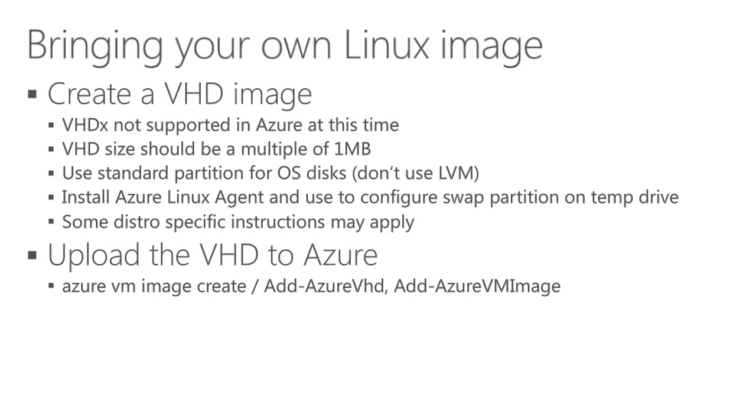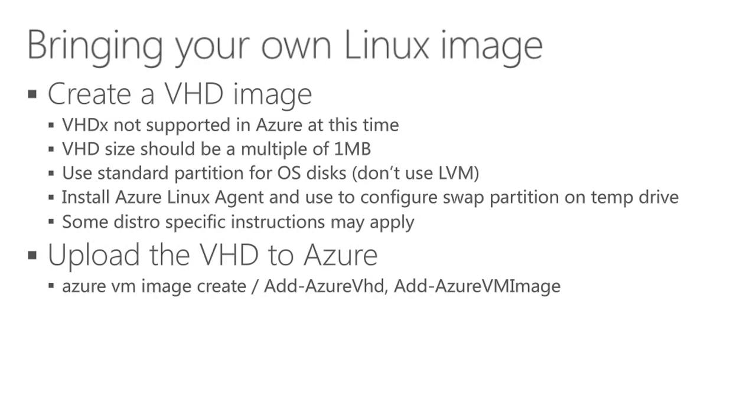And we have a lot of documentation on Azure.com for specific distribution instructions, right? So if you're using CentOS, or a particular version of Ubuntu, we have specific instructions on where to grab the packages for the Azure Linux agent and what configurations you need to do.